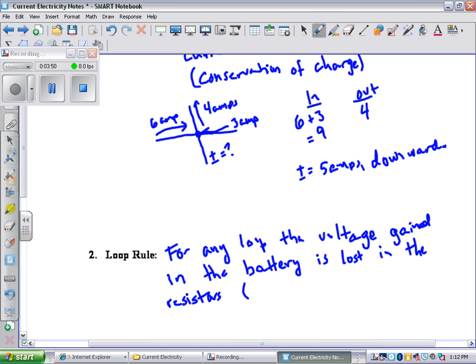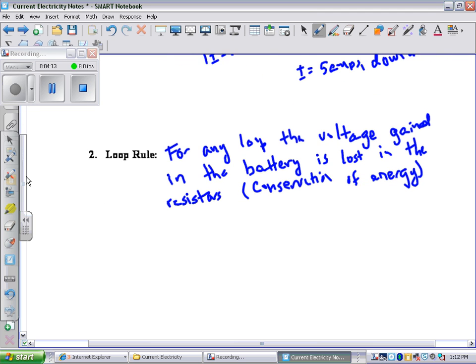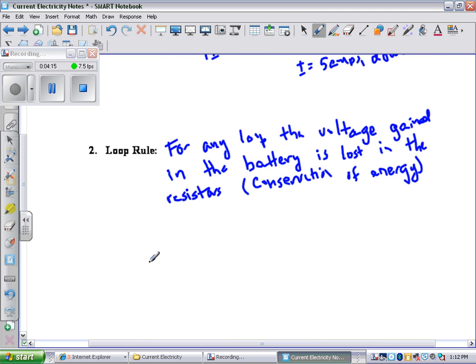And this is a conservation of energy rule. So when the electrons flow through the battery, they're gaining voltage and gaining energy. And then when they go through the resistors, they lose the energy, and they have to lose the same amount that they gained. So this type of problem is going to look like this.